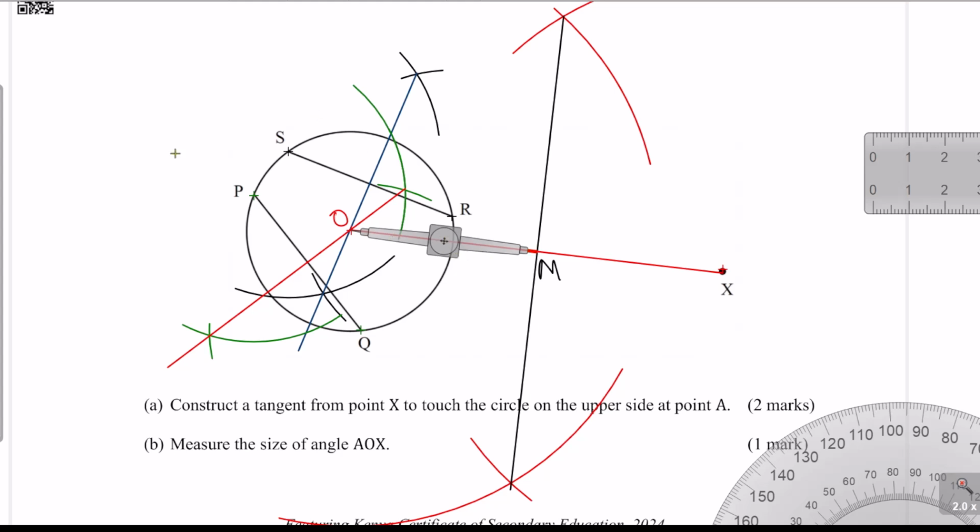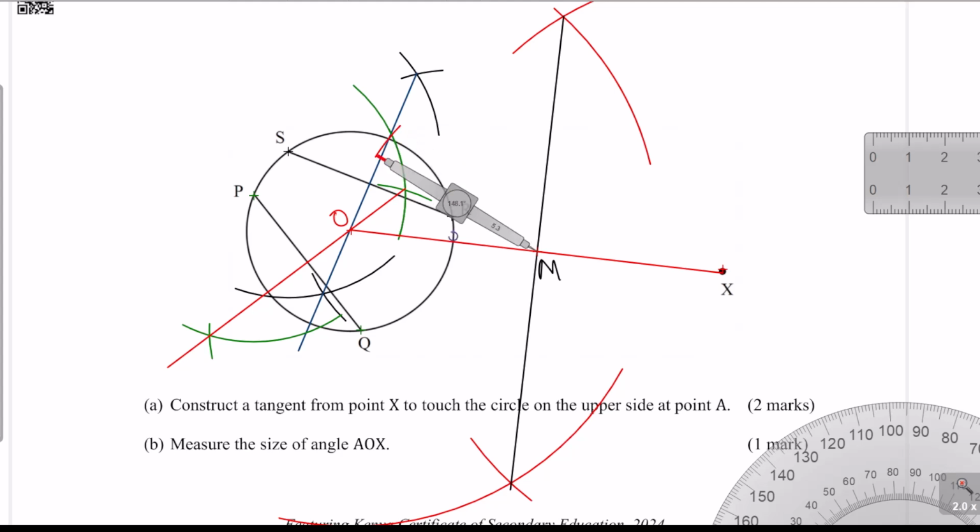After taking that distance, you stand at M with that distance from O to M, then cut the circle at that point. That is where you shall have your point A.